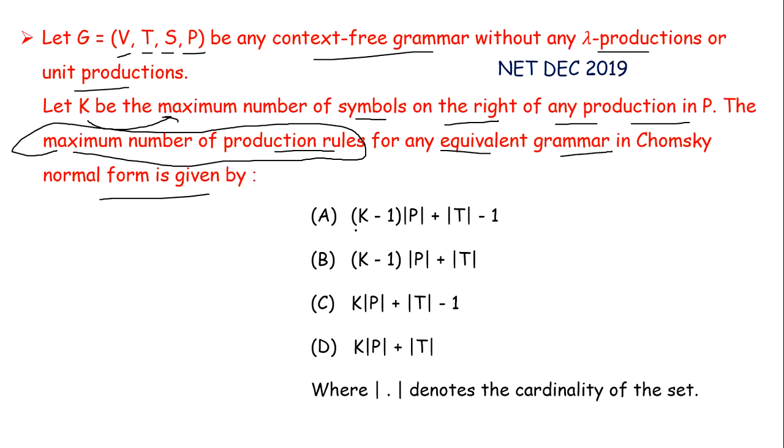Option A is (K minus 1) into number of production rules plus number of terminals minus 1. Option B is (K minus 1) into number of production rules plus number of terminals. Option C is K into number of production rules plus number of terminals minus 1, and last is K into P plus T. So the right answer for this question is option B, that is (K minus 1) into number of production rules plus number of terminals.